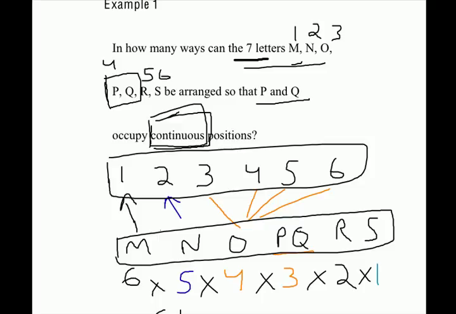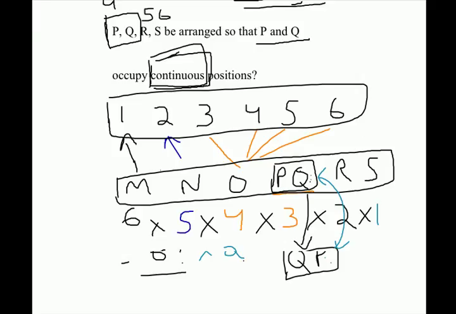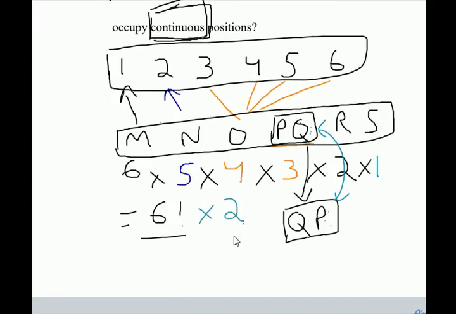So this calculation that we've just done, we've assumed PQ to be one combination, but how about if we turn it around and make it QP? Does it still satisfy the conditions in the question? It does. So essentially the answer isn't complete. We need to now consider QP, and hence we have 2 internal positions that Q and P can occupy. So we need to multiply 6 factorial by 2, and that is the answer.